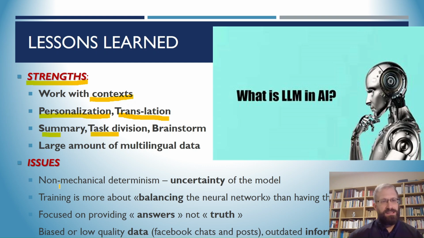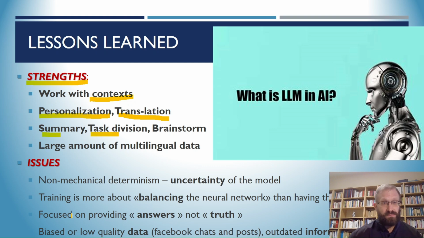But it's interesting that it's not a mechanical determinism, in the sense that the model has its own uncertainty. It was trained on such large quantities of data. These data or this information are not stored within the model. The information was only used to train, let's say, the word vectors and the linguistic model.